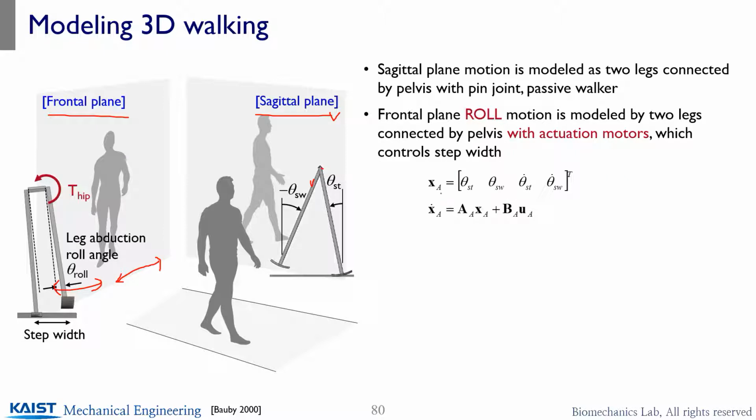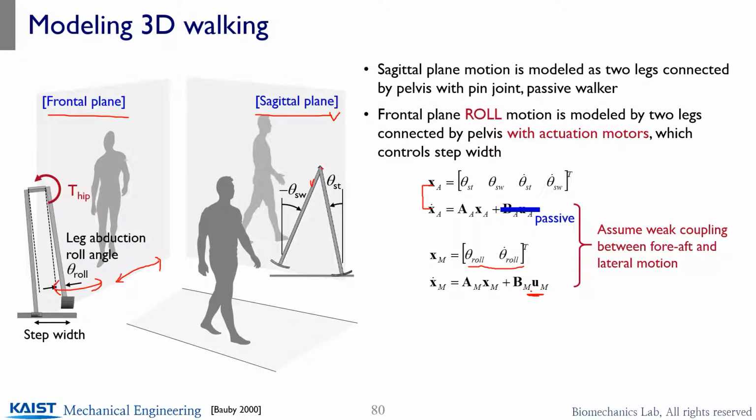So to demonstrate the equations of motion, there are 4 state variables for the sagittal plane, which we worked on intensively in the previous chapter. And in passive walking, there's no actuation, no control, okay? For the roll, the frontal plane, there are two state variables, the roll and roll dot, and there is sensory feedback applied at the pelvic joint. That's what we assume for the 3D walking model.